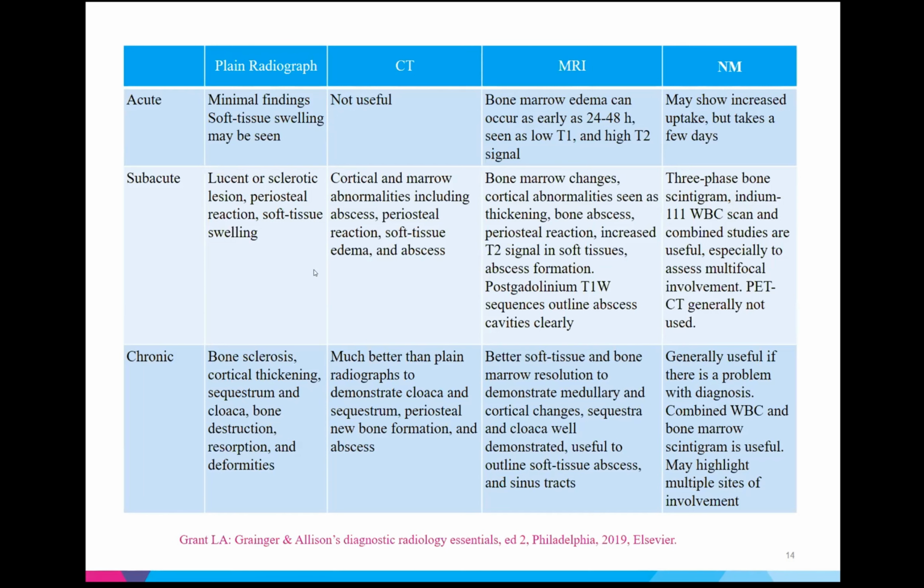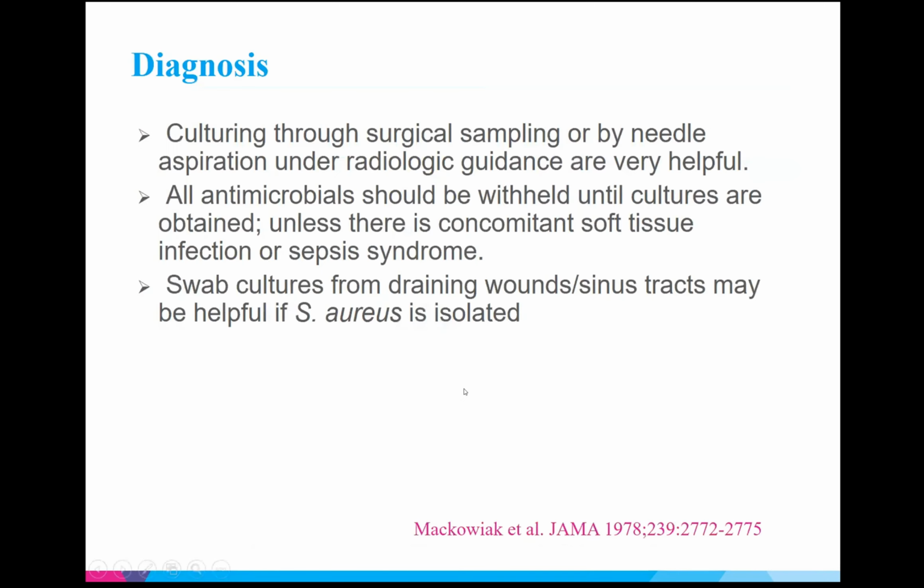And again, in terms of subacute, CT scans are better, and nuclear scans are good only if you're looking for multiple areas of enhancement, right? So if you actually have bacteremia, then a white blood cell scan would be better. Again, for the most part, even for chronic pelvic osteomyelitis, an MRI is really the gold standard now in evaluating these infections.